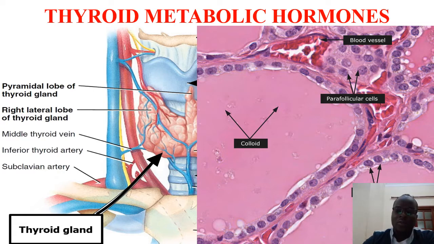So calcitonin mainly is being secreted when you have an increase in calcium concentration. In case of hypercalcemia, there will be secretion of calcitonin that will try to bring down the concentration of calcium, of which we are going to discuss later on.